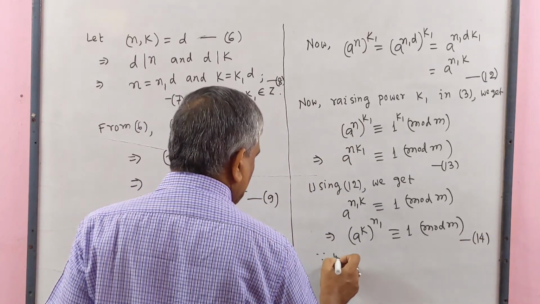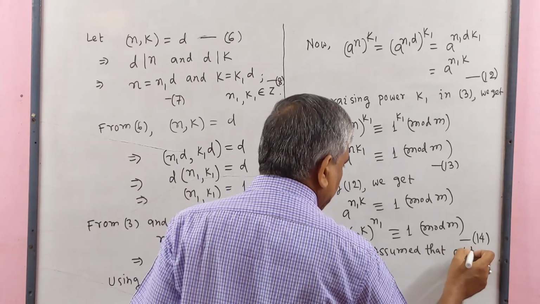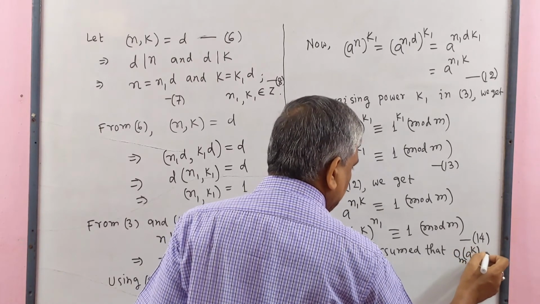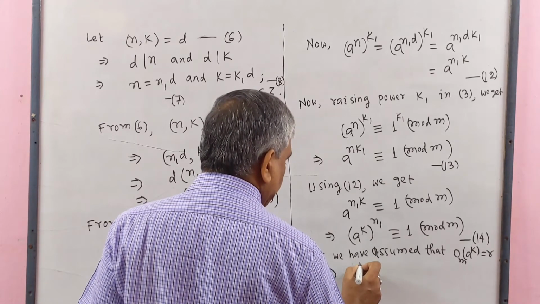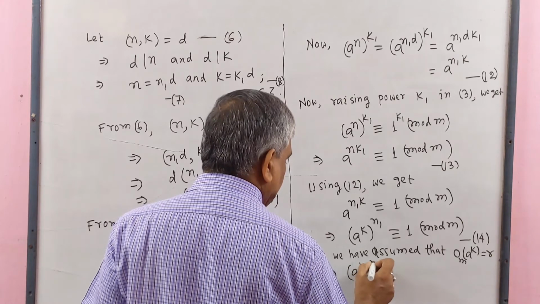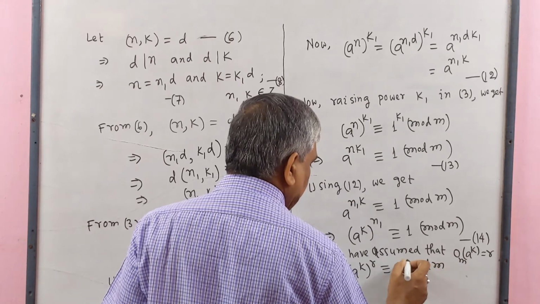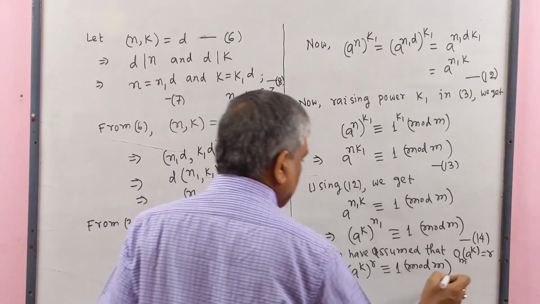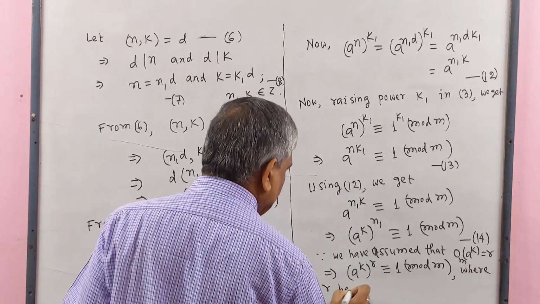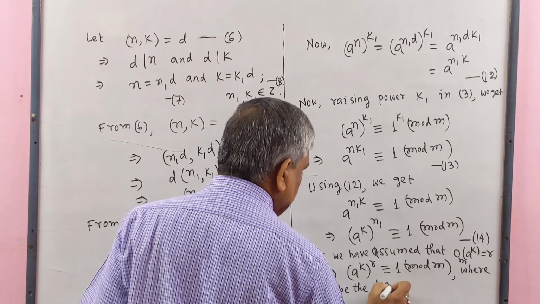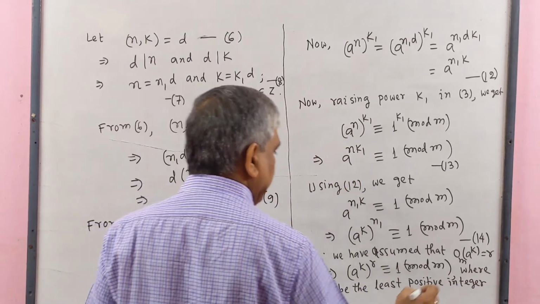Since we have assumed that order of a to the power k modulo m equal to r, implies that a to the power k to the power r is congruent to 1 modulo m, where r be the least positive integer. Let this be number 15.